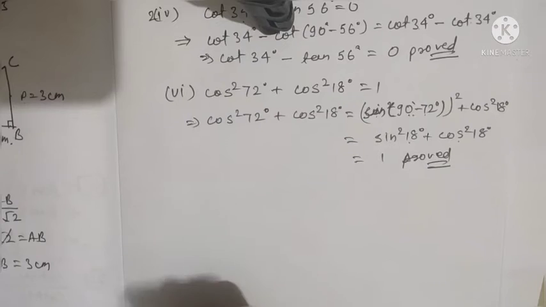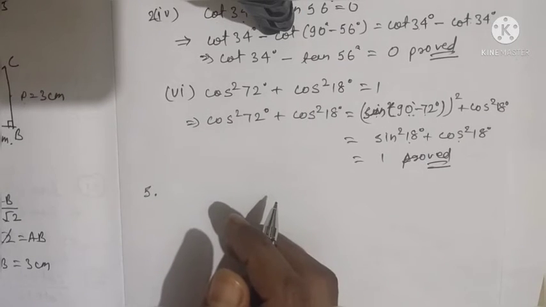Simple. Now questions number 3 and 4 are similar to question number 2, so I am skipping them for you and going to solve question number 5. Question number 5 is, express each of the following in terms of trigonometric ratios of angles between 0 degree and 45 degree.